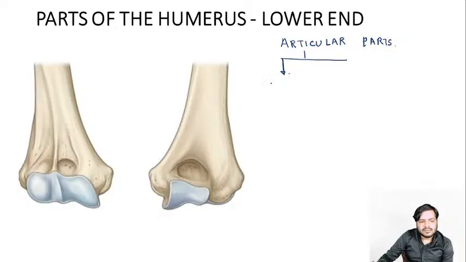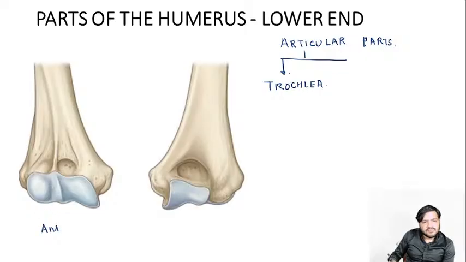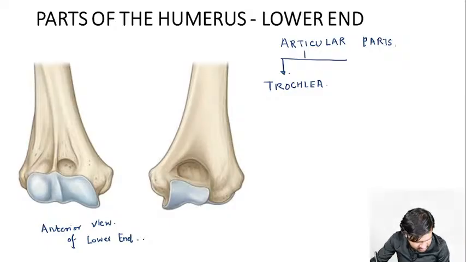तो रिमेंबर गाइस, द वेरी फर्स्ट वन, दैट इज द ट्रोक्लिया, which we are going to discuss right now. Now guys, remember, this is the anterior view of the lower end of the humerus. हाँ ठीक है देव नारायण, प्रेक्षित, clavicle, okay.